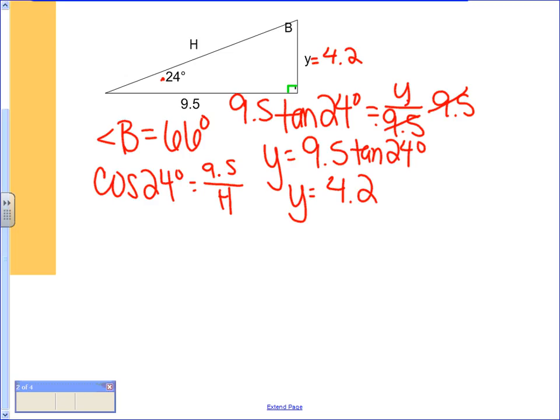I need to get h out of the denominator. Multiply by h. Okay. What happens here? What do I have to do over here? So I have h times cosine of 24 equals 9.5.